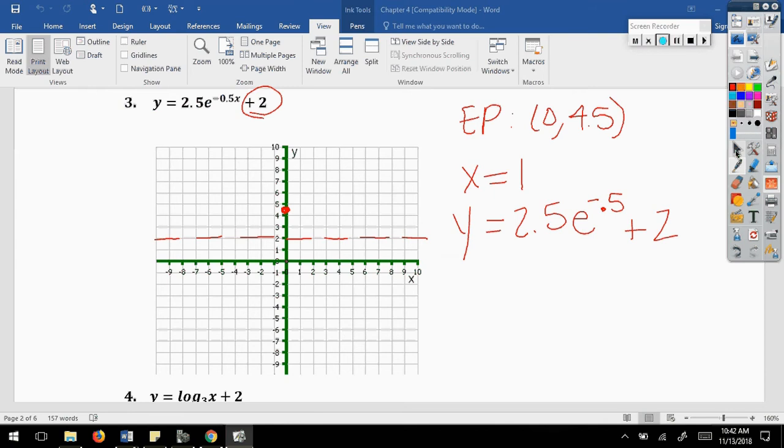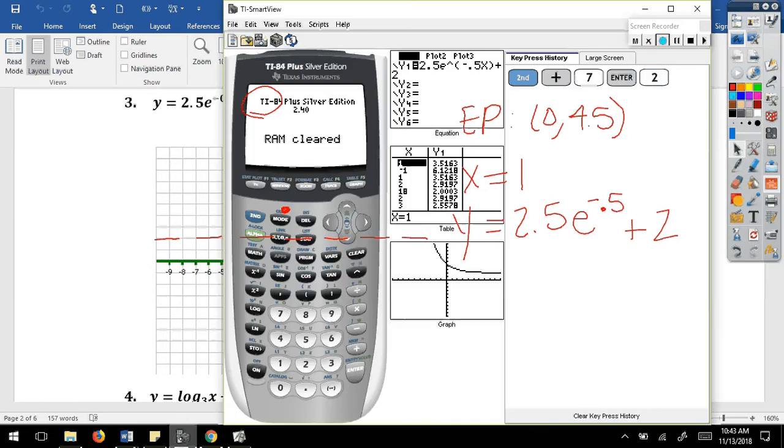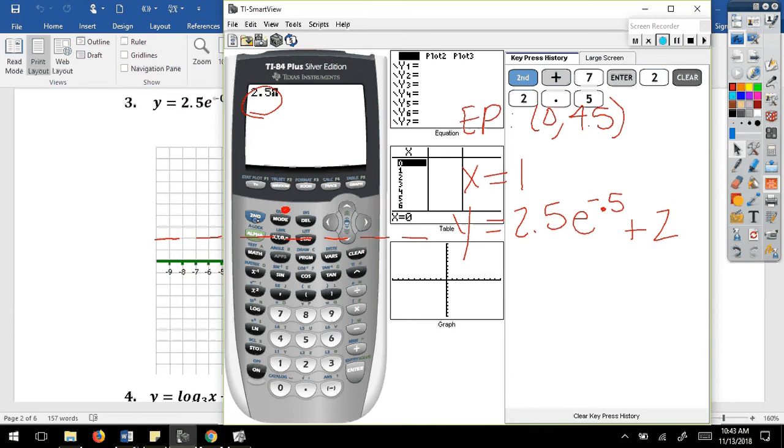So I'll have 2.5 times e to the negative 0.5 plus 2. So about 3.5.